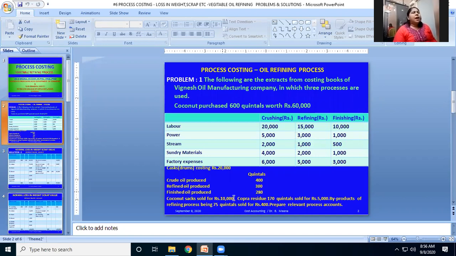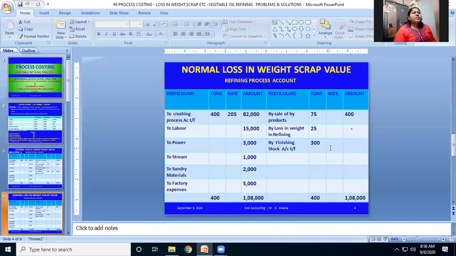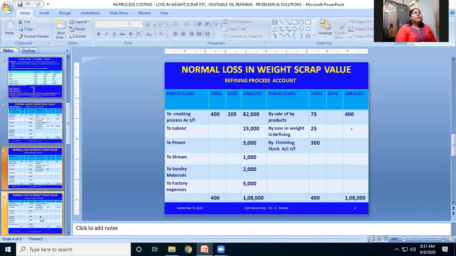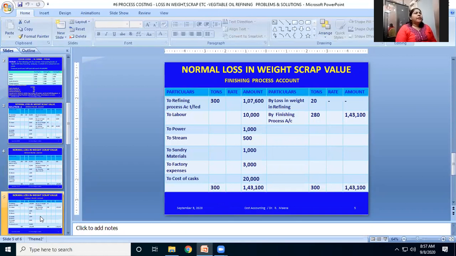So this 300, I need to bring it over in this process. Okay. Then 375. So 400 minus 375. What is the loss in weight? 25. So how to find out the balancing figure? Here we have the debit side total is 1,08,000, and then credit side total, so far I credited is, what is that? 400.